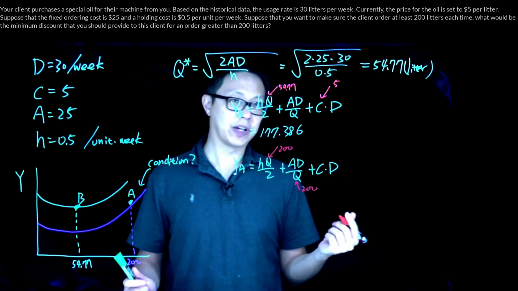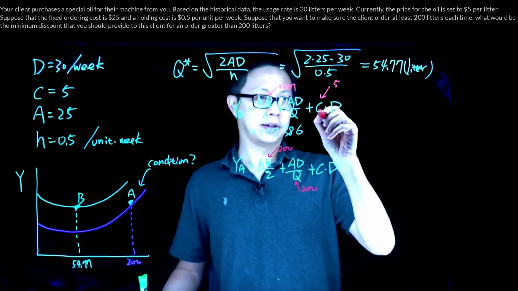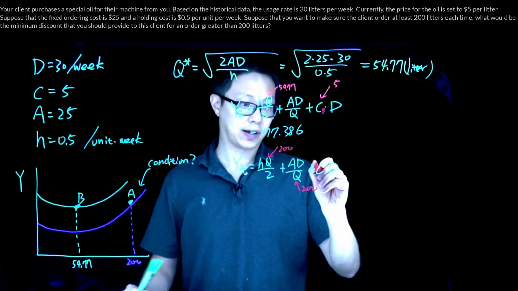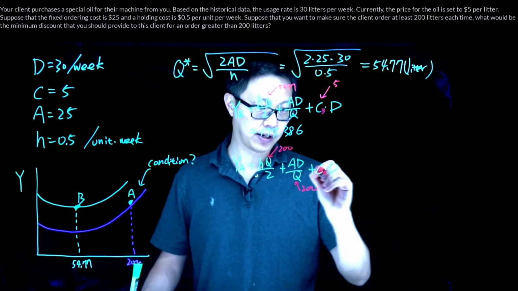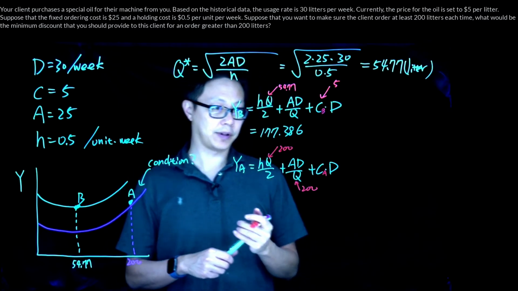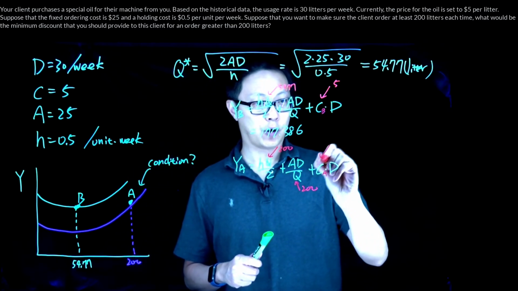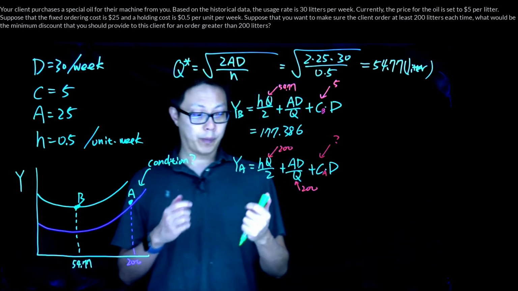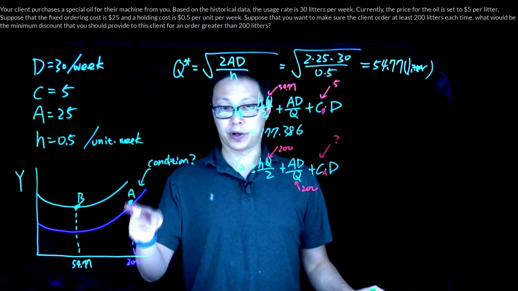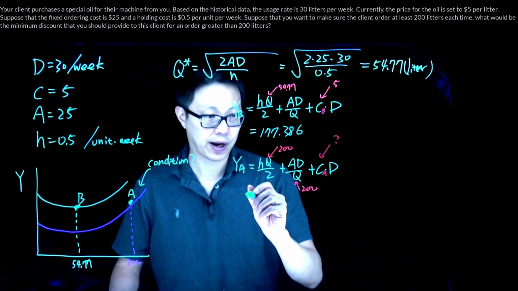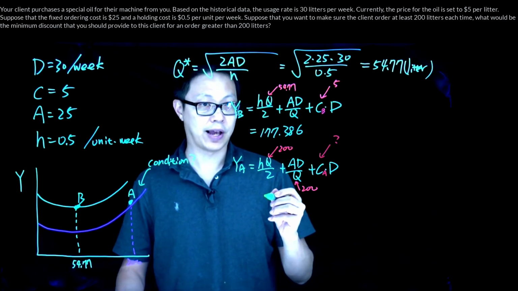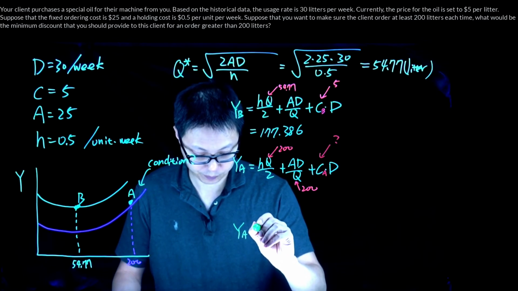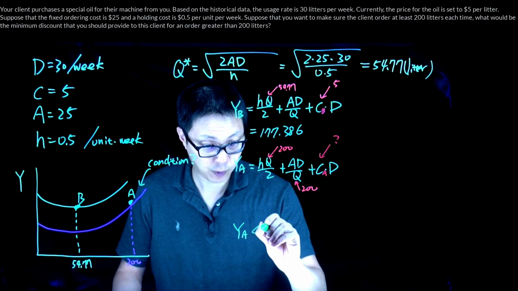So for convenience, let's call the one without discount CB, and we call this one CA, the one with discount. So we want to figure out what CA will be. And to make sure that the customer will order at A, we actually want to find the condition such that YA is less than YB.